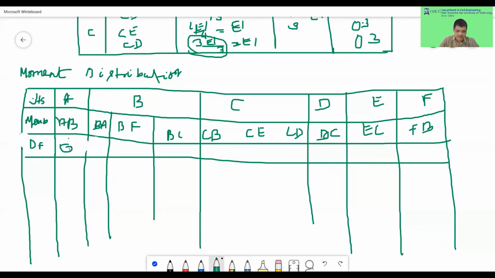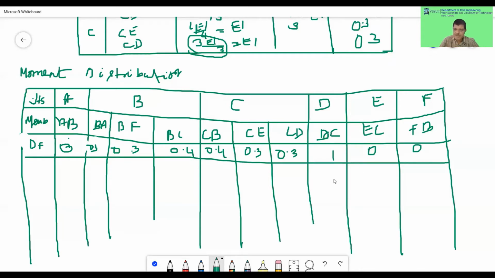Here 0.3, here also 0.3, here 0.4. Here 0.4, 0.4, 0.3, 0.3. And for the joints we have found these values, and your support D is 1, E is 0, and F is 0.